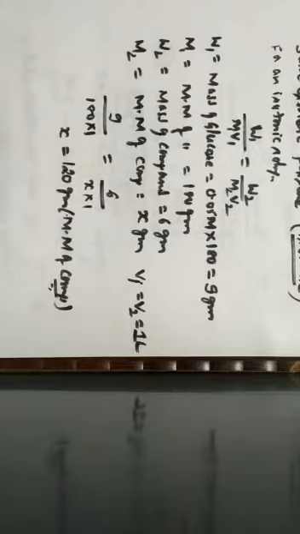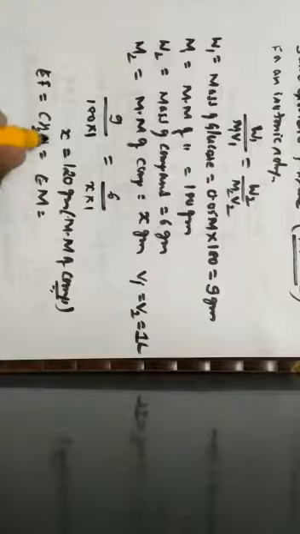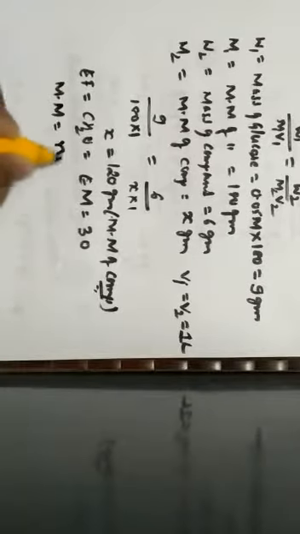Since we know the molecular mass, and the empirical formula has been given as CH2O, the empirical mass is 30. We know that molecular mass is equal to N into empirical mass.